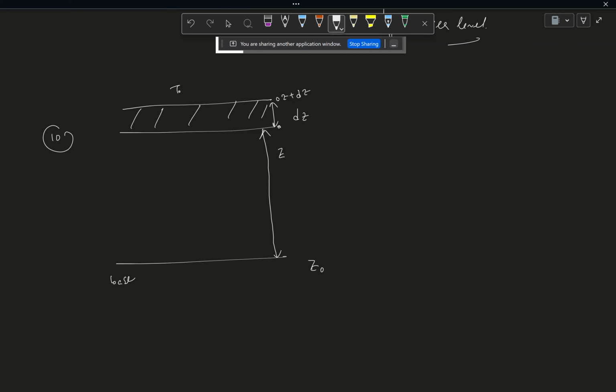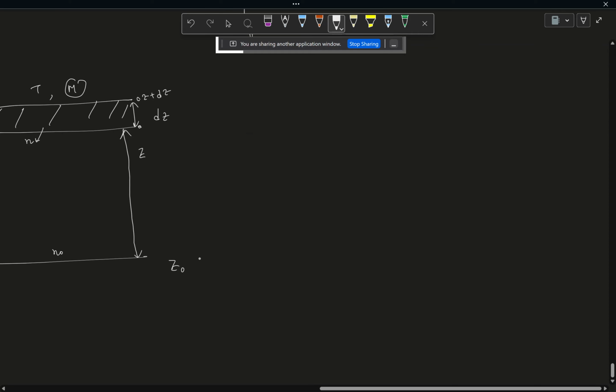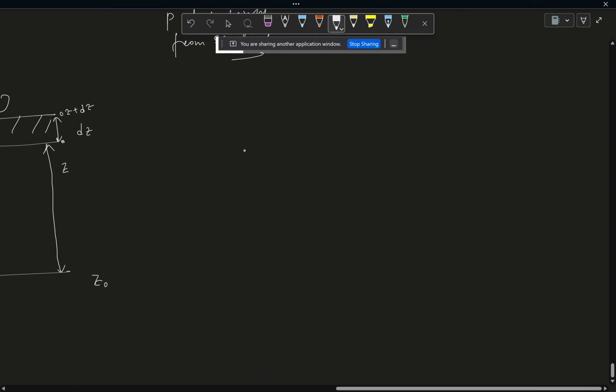Temperature is uniform here, T. The molar mass is capital M, given in the question. The pressure on this level is P, and the number density per volume is N. The pressure at the base level we take as P0, and the number density at the base level we take as N0. These are all standard, so we will directly go to the standard formula, which is N equal to N0 e to the power of minus Mg (z minus z0) by RT.